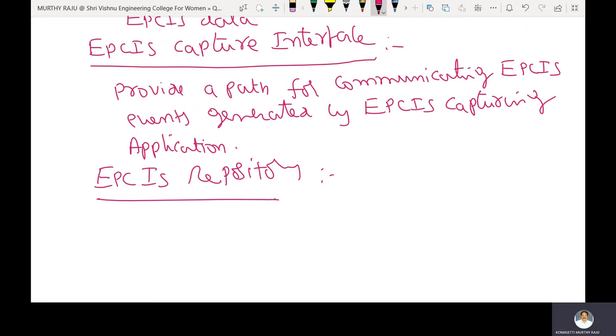A permanent store for visibility data, including all EPCIS events generated internally within the organization, and whatever EPCIS events are received from trading partners. Repository means it stores the information. It is a store to store all types of physical things.